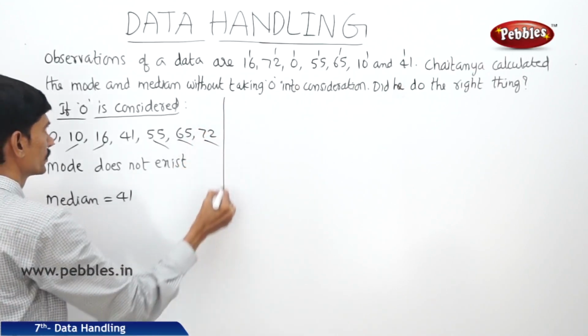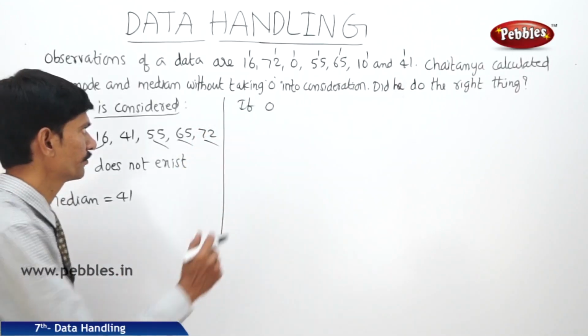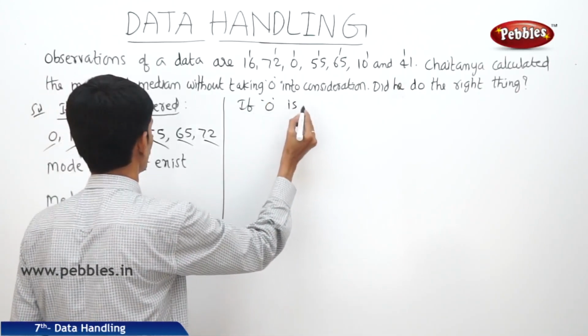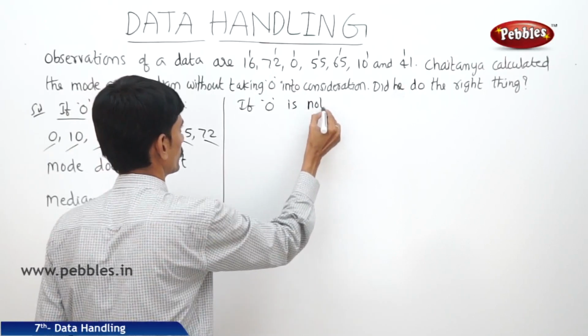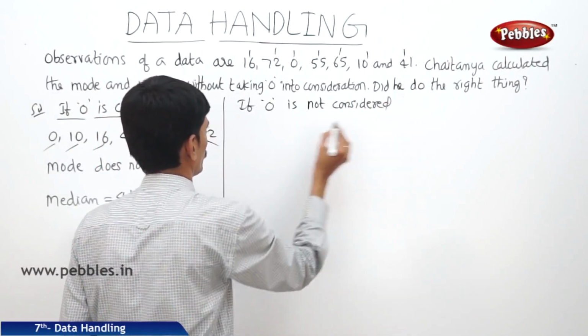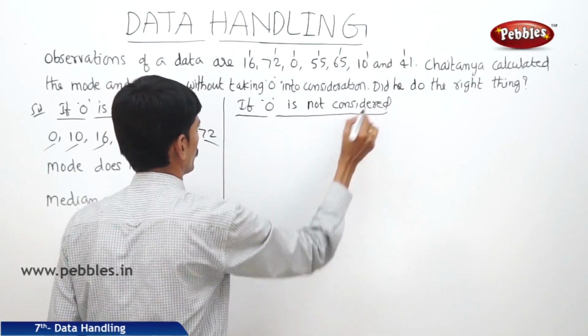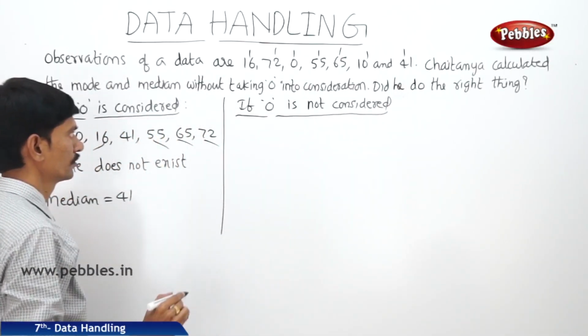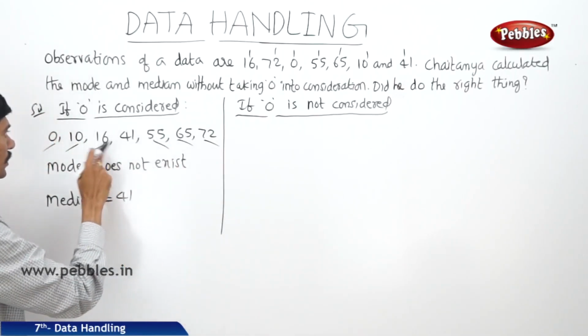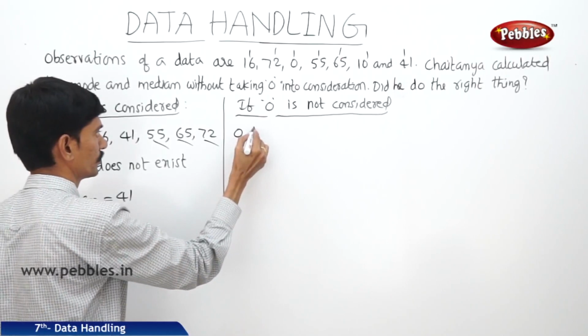Now if 0 is not considered, then we will write again the observations in the ascending order.